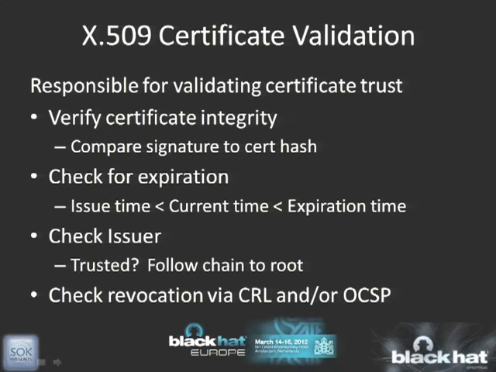The next step is to check for certificate expiration. So certificates all contain a start time and an end time. We just want to make sure the current time is between those, so the certificate is valid in the time period that it's presented. The next step is to check the issuer of the certificate. In the case of a self-signed certificate, the certificate's its own issuer, essentially.